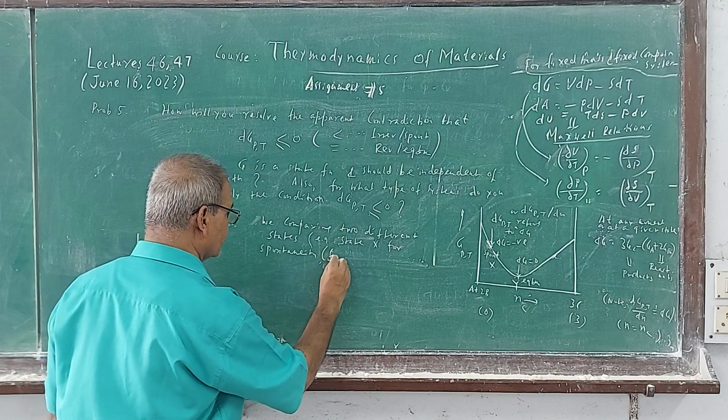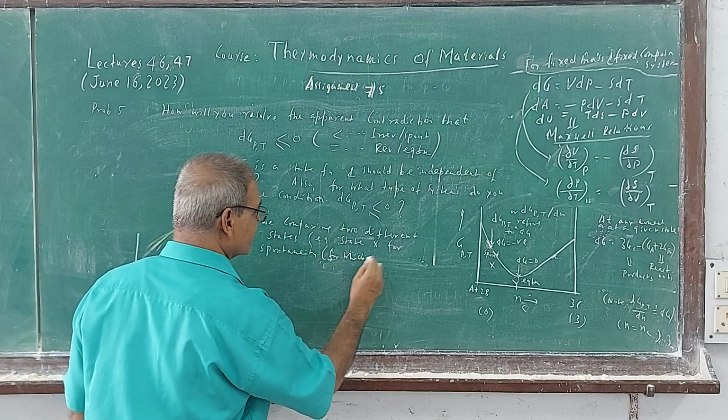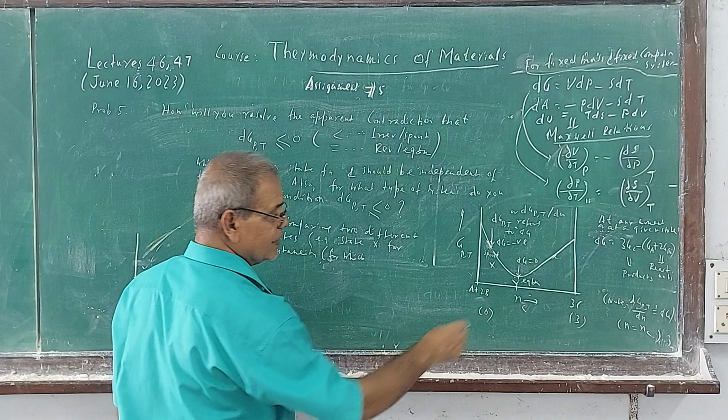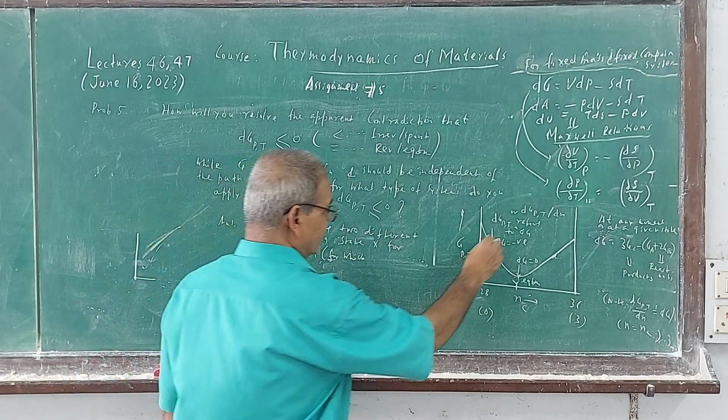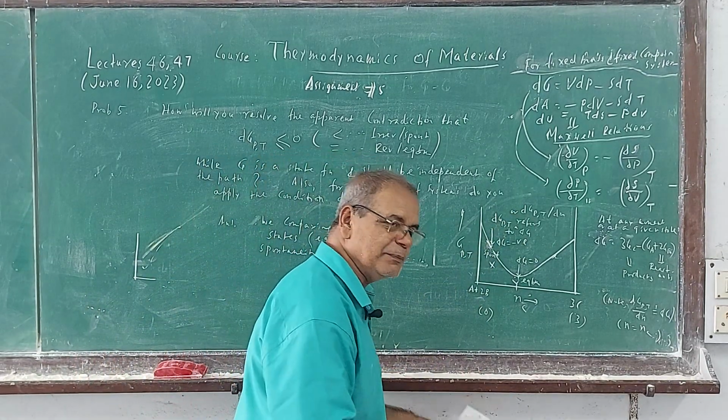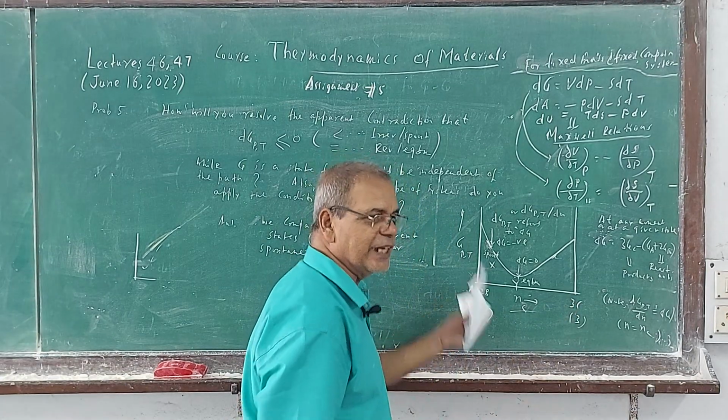For spontaneity, what is this? Delta G negative, or DGPT is negative. DGPT negative means DGPT by DN is negative.